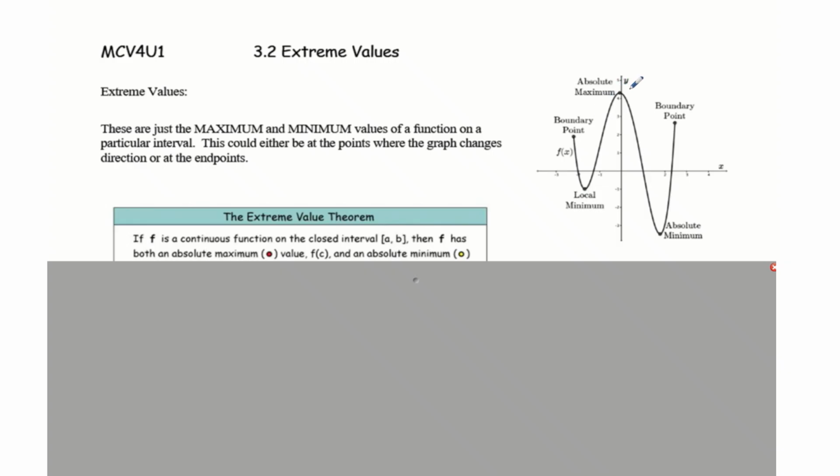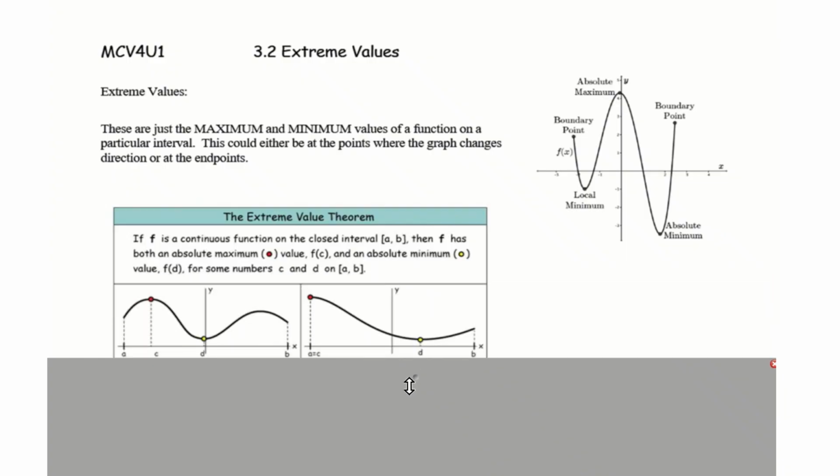So the absolute maximum is a local maximum, but also an absolute maximum. For the local minimum, this point is not the absolute minimum, but this one is both the absolute minimum and a local minimum.